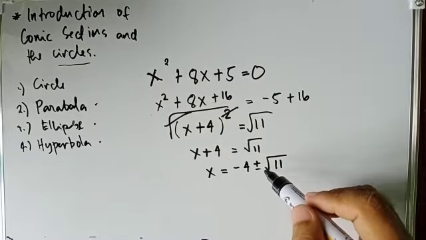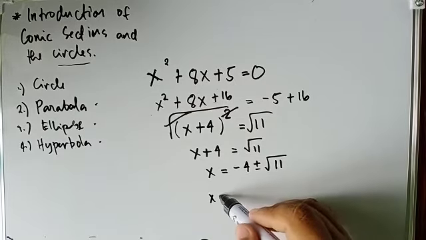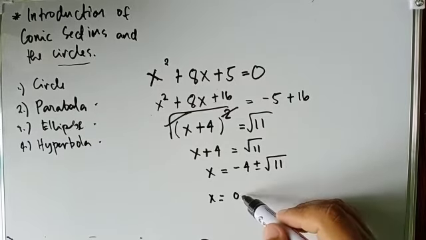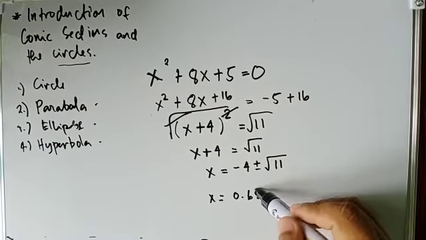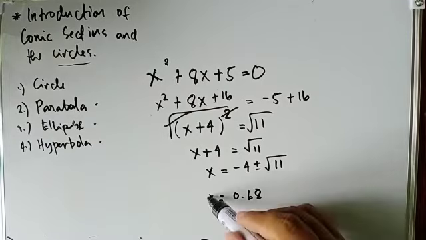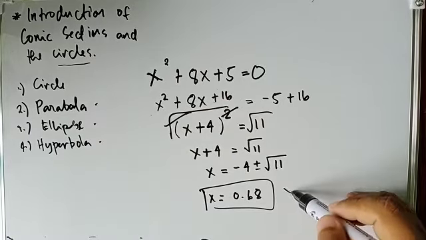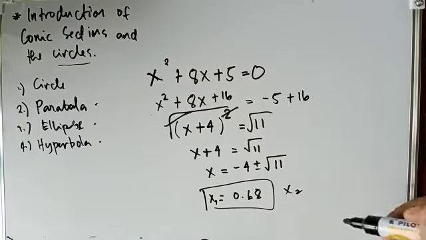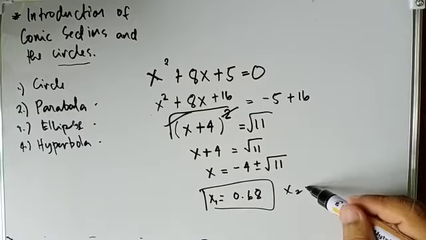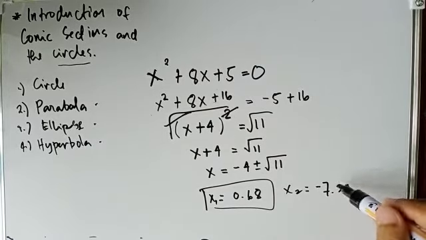Bakit positive negative square root? Kasi meron tayong square root, positive negative. Or approximately, magiging 0.68 siya if we take the positive one. Kasi dalawa. So meron tayong positive, meron tayong negative. If we take the other one, the negative, yung value ng x natin dito would be negative 7.38.